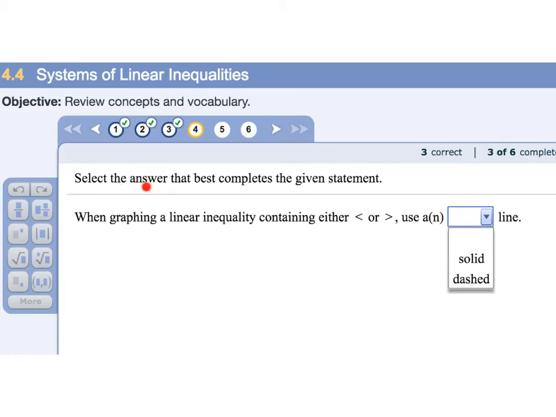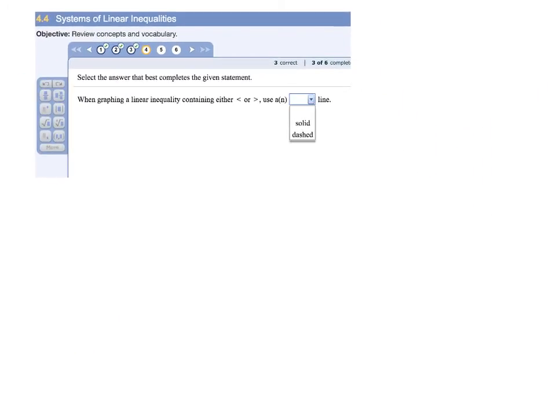Now here it says, select the best answer when graphing a linear inequality containing either less than or greater than. What does that mean? Well, when you graph, if it says just less than, like y is less than 2/3 x minus 4, what does that mean?